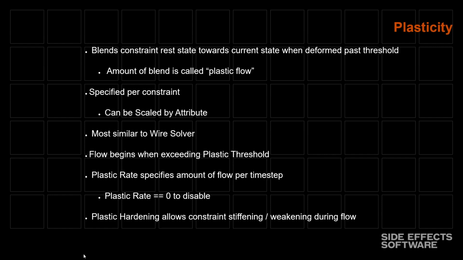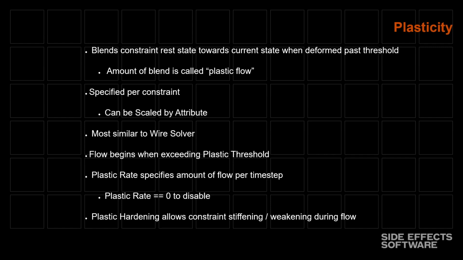Its implementation is most similar to the wire solver, which has similar parameters and a somewhat similar implementation. So the plastic flow begins whenever the constraint has exceeded the plastic threshold. For bend constraints, that's specified in terms of degrees.